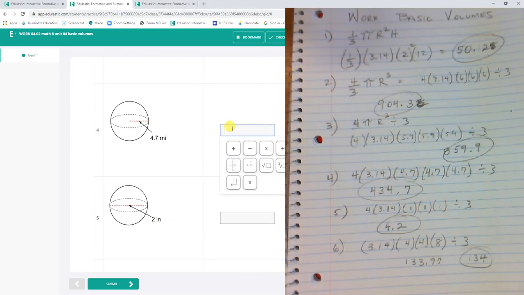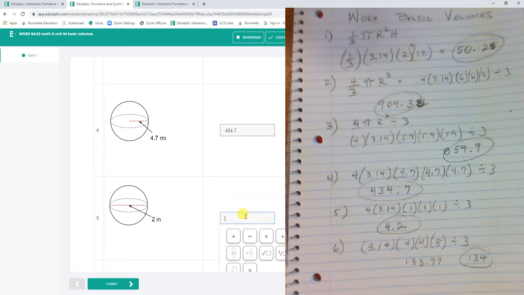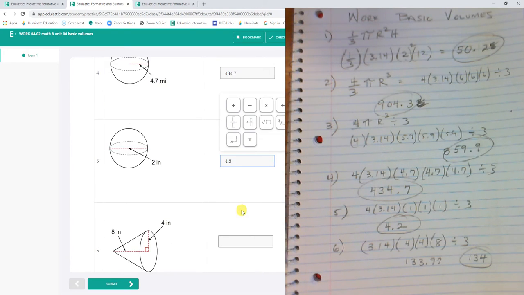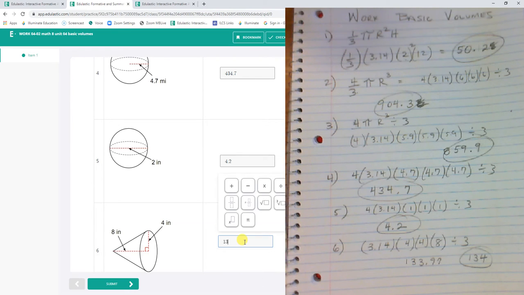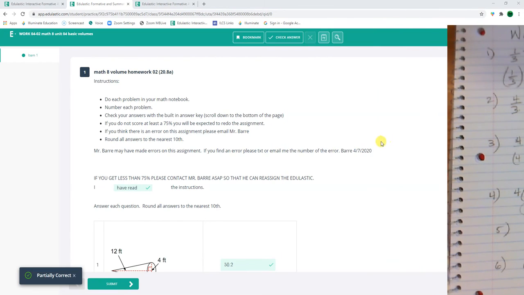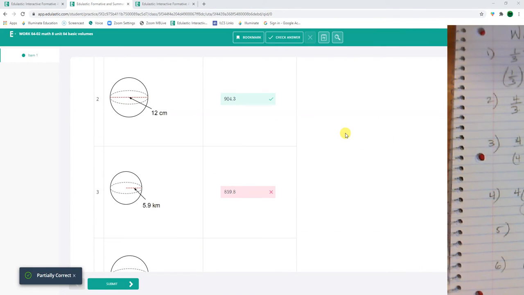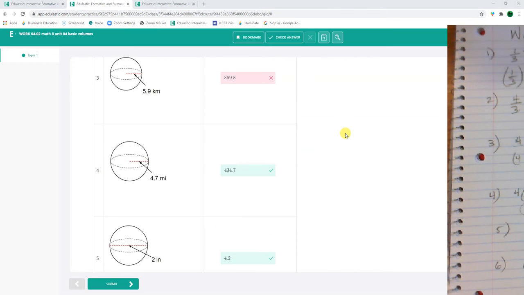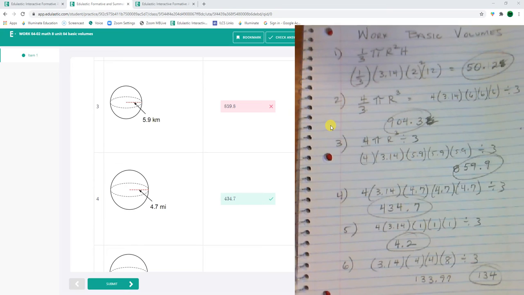So number 4, I said it was 434.7. Number 5, 4.2. Number 6, 134.0. Let's see if it likes that. Why is number 3 still wrong? What is my answer to 3? 859.9.